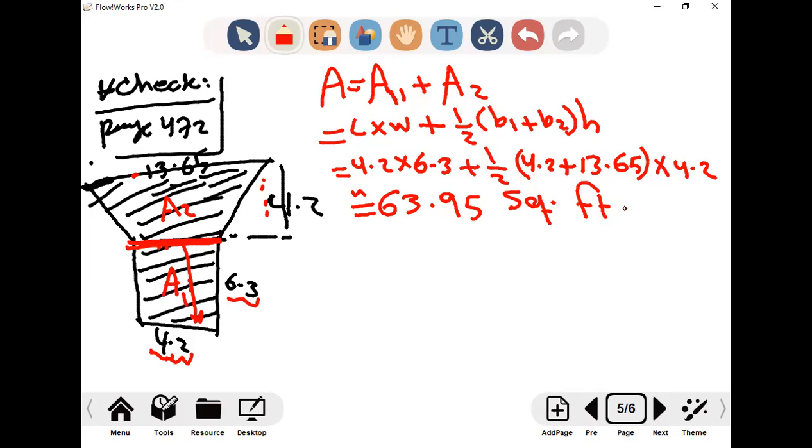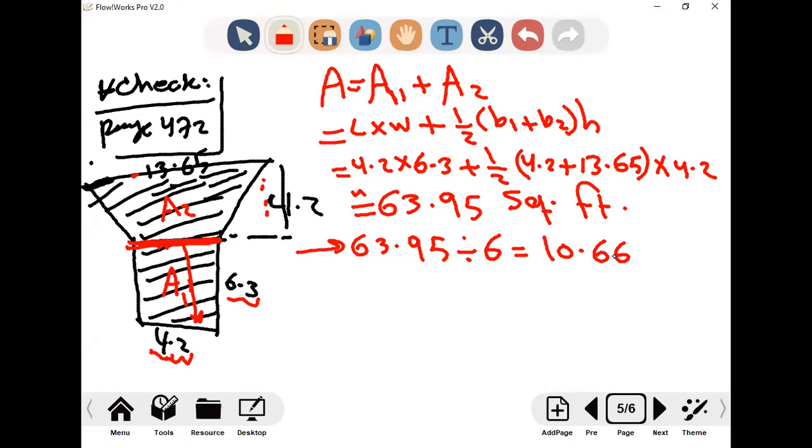What we will do? We will divide. So the first step, we divide 63.95 divided by 6, to see how many 6s, because each 6 costs $25. It will be 10.66.